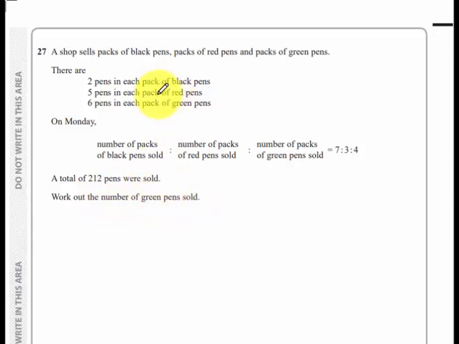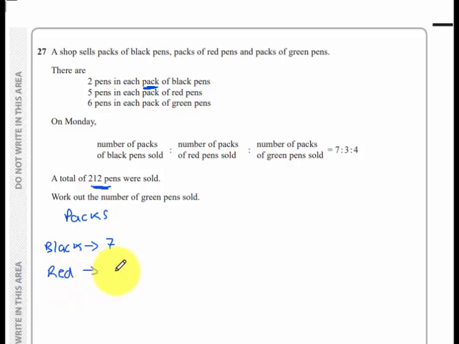We have to be careful here because the question is going between packs of pens and actual pens. So what I'm going to do is change the ratio here to actual number of pens. So at the moment, for packs, black had 7 packs sold, or in the ratio of 7 packs.